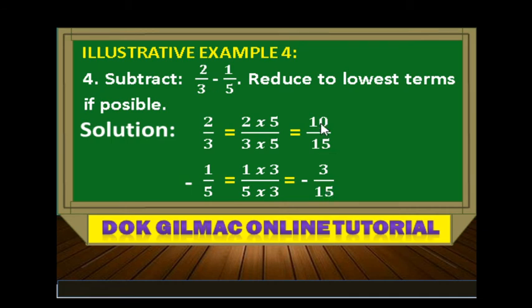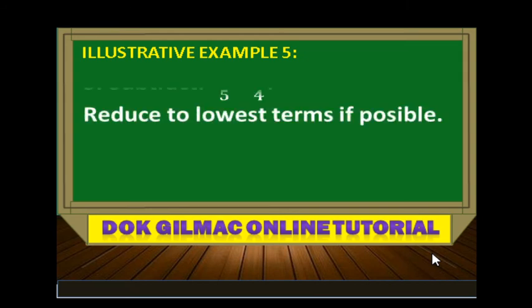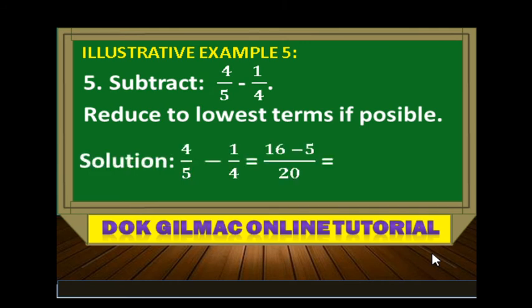So from here, we can get the difference of these two given fractions. 10 minus 3 is 7. So that's simply equal to 7 over 15. Or we can simply determine the difference by just getting the LCD right away.